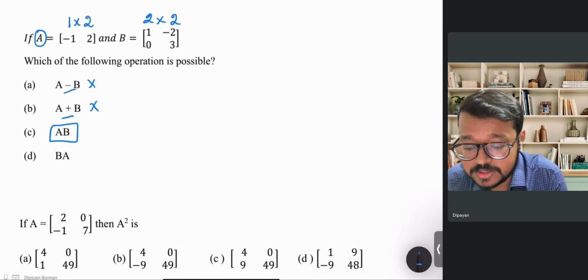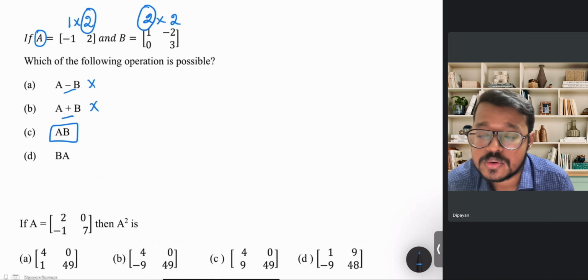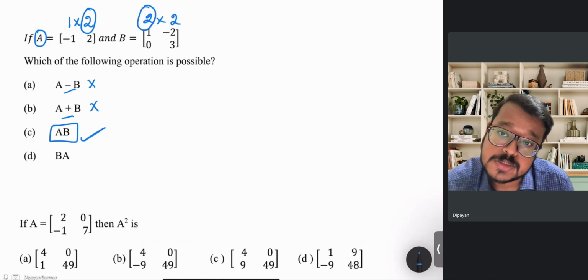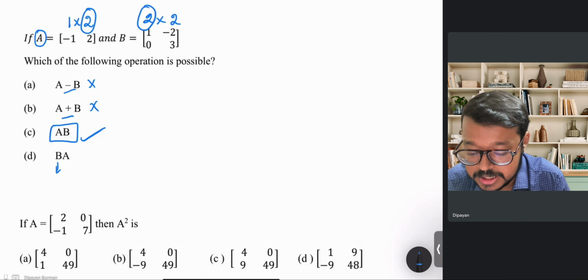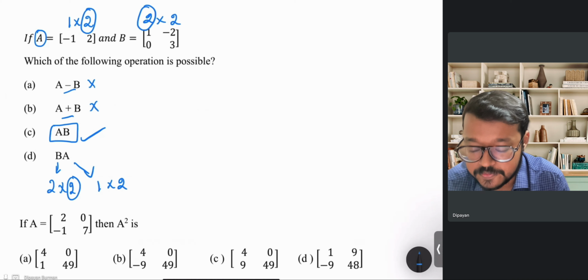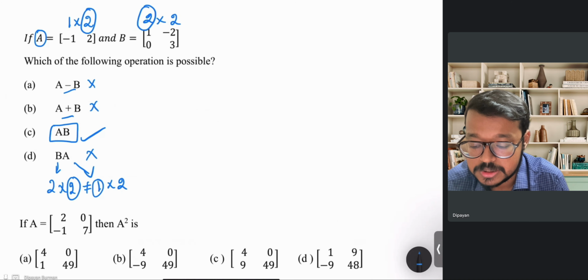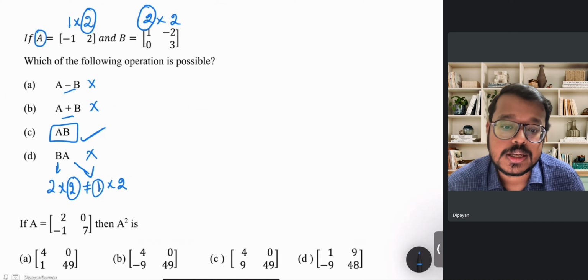Since we have the number of columns of the first matrix equal to the number of rows of the second matrix, therefore the AB operation is possible. But if I had checked for BA, matrix B has the order 2 by 2 and matrix A has the order 1 by 2. So the number of columns of B is not equal to the number of rows of A. So BA is not possible. So only option C, the operation A multiplied by B, is possible.